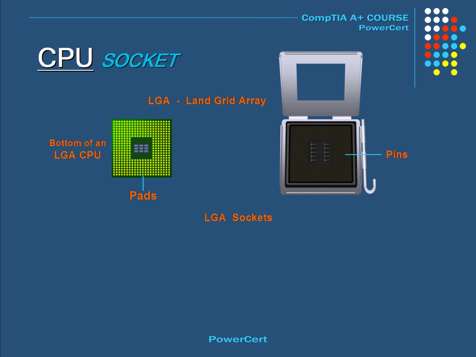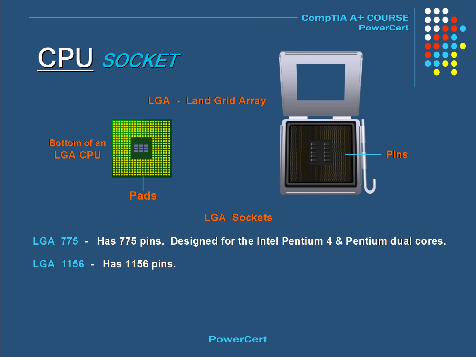Some versions of the LGA socket are the LGA 775, which has 775 pins. This socket was designed for processors like the Intel Pentium 4 and Pentium dual cores. Other LGA sockets include the LGA 1156 and LGA 1366, which have 1156 and 1366 pins respectively, and these were designed for the high-end processors such as the Intel Pentium Core i7.